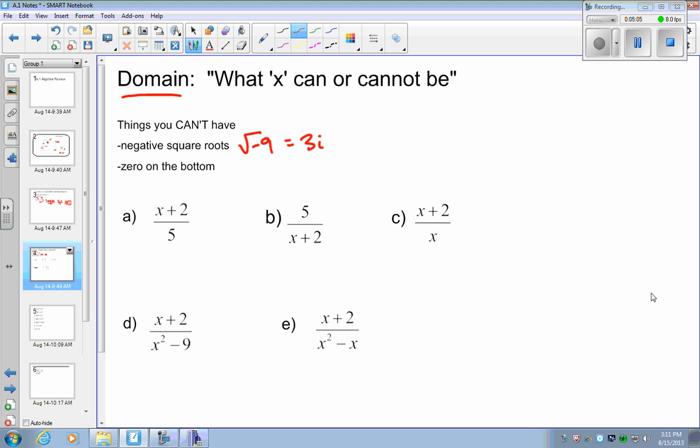There's a 5 on the bottom. No matter what you plug in here, it's going to give you a real number, an okay thing mathematically. You can plug in a 0 and you get 2/5. You can plug in a -5 and you get -3/5. That's allowed. Anything you want for x is allowed.